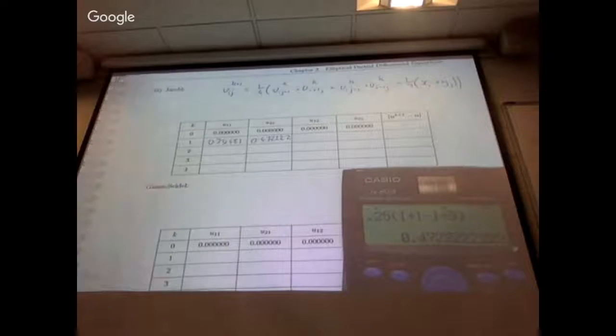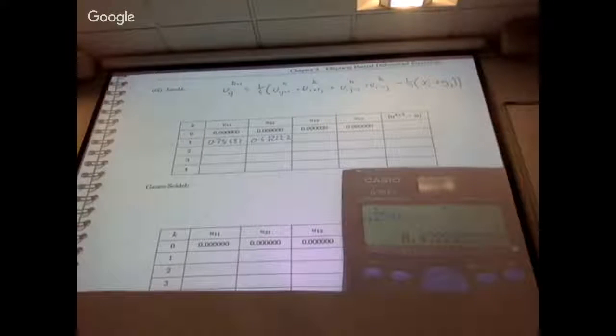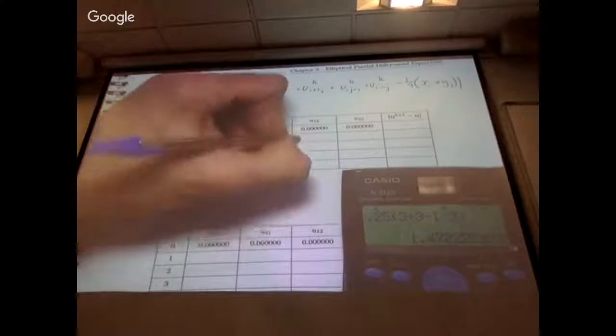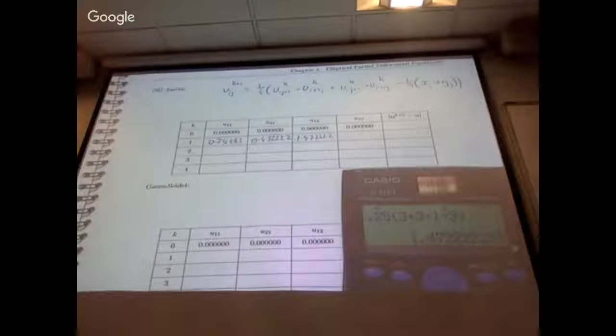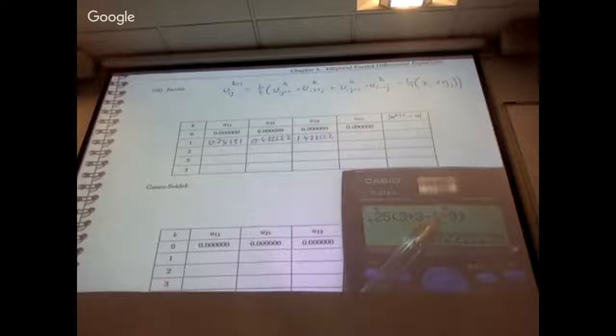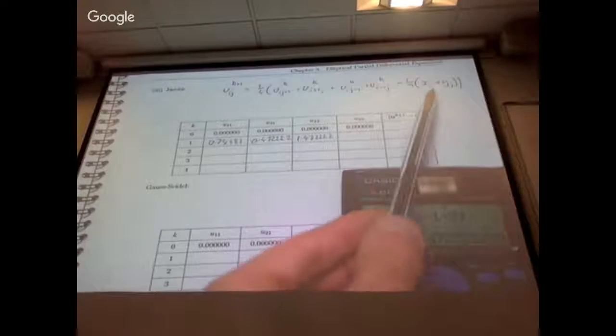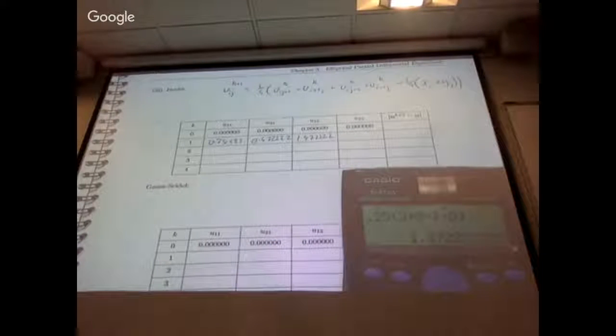Now, if we go up 1, the boundaries are 3 plus 3 minus 1/9. That's 1.472. So that was the upper boundary, 3. Left boundary is also 3, minus 1/9 because our x was a third and our y was 2/3. Finally, U22.